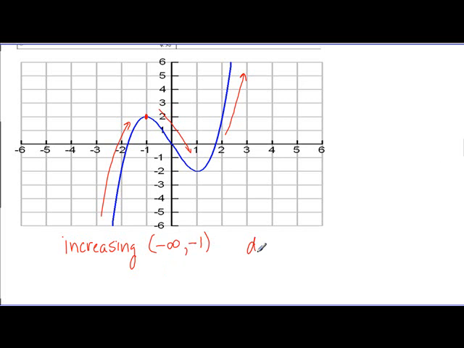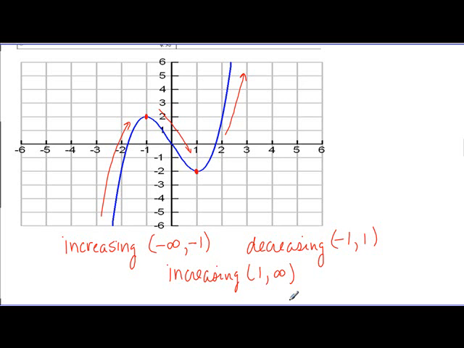Our function is decreasing from -1 to the x coordinate of the point where it stops going down, so that would be +1, and then increasing again starting at 1 and going to positive infinity.